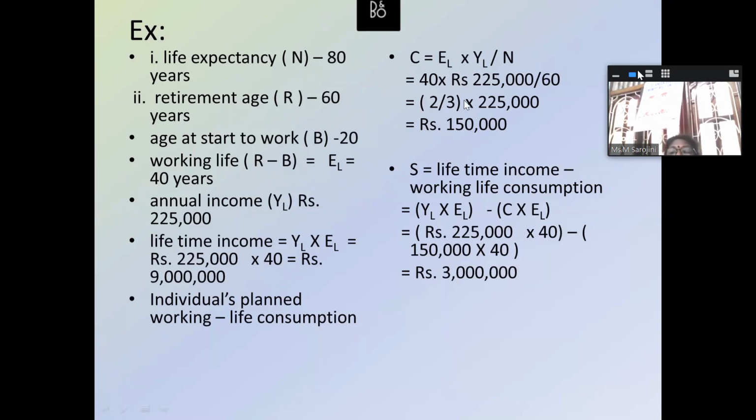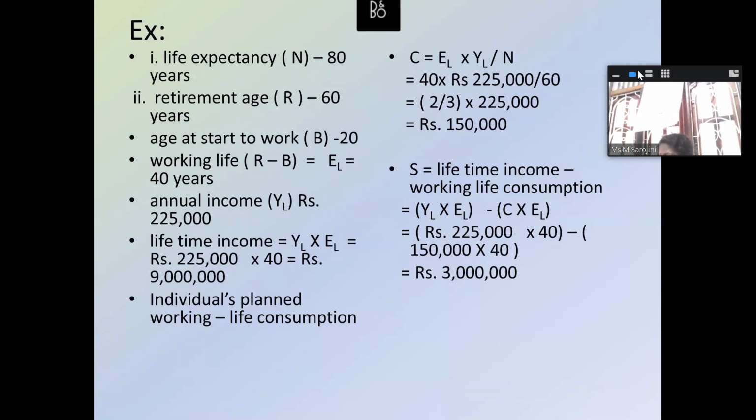Once you find this, here 40 into 225,000 divided by 60, that is equal to 150,000. Or you can directly put this one also. Here already we found the answer, 9,000,000, right?